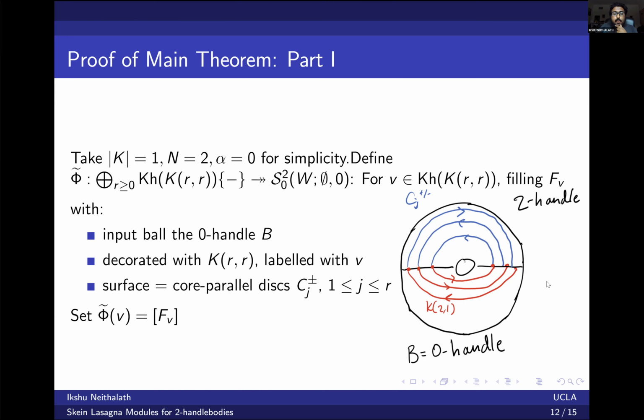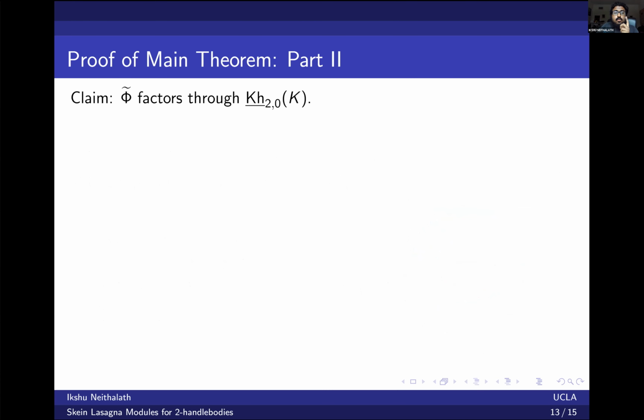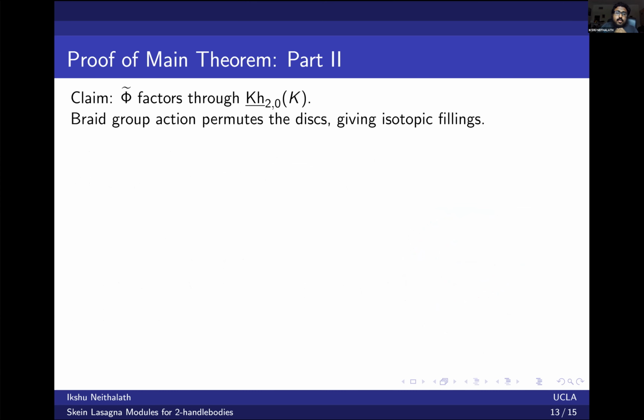All right, so now what I want to do is analyze the kernel of this map. The first thing I want to do is see why it factors through the cabled Khovanov homology, and why it preserves the relations in the cabled homology. So the first thing to think about is this braid group action. If you think about it, all the braid group is really going to be doing is permuting these disks. Another way of saying it is, if I act by this braid group and then apply the map phi tilde, how is that different from applying the map phi tilde?